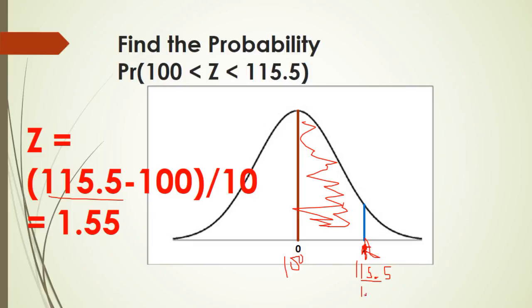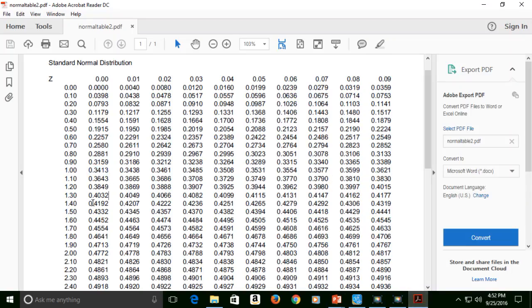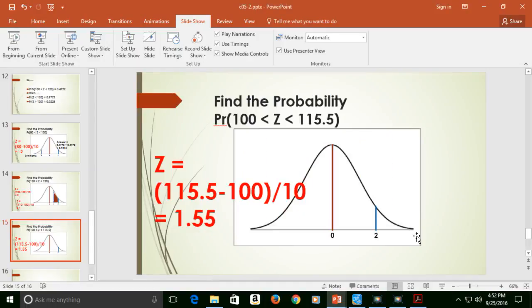This is 1.55. Now all I do is go get my table, and here's 1.5, but I need 1.55. And where's that second 5 coming from? It's here. So I come down to that number right there. That number is 1.55. So it's 0.4394.